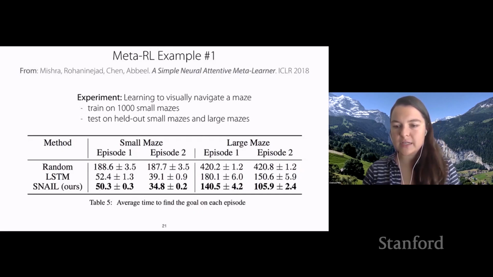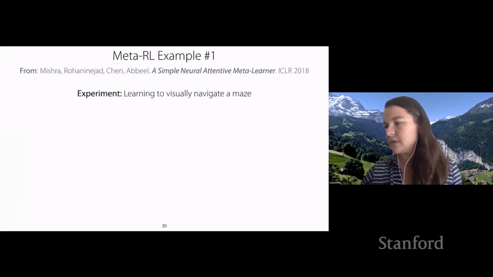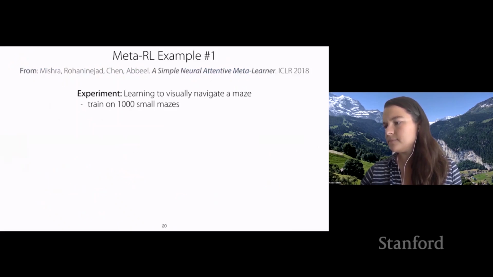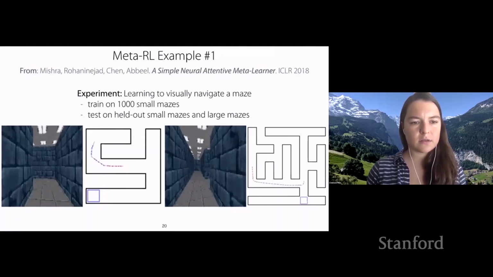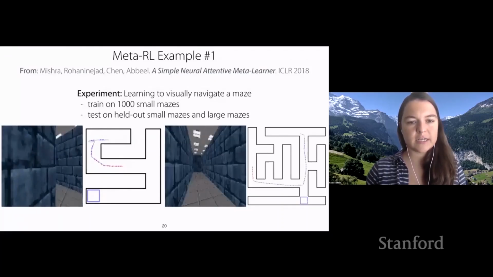There's also a question in the chat asking, can we speed up the learning of the goal with some heuristics? In general, you could imagine adding some heuristics to the process. However, it's a little bit tricky to do that in these visual navigation settings.